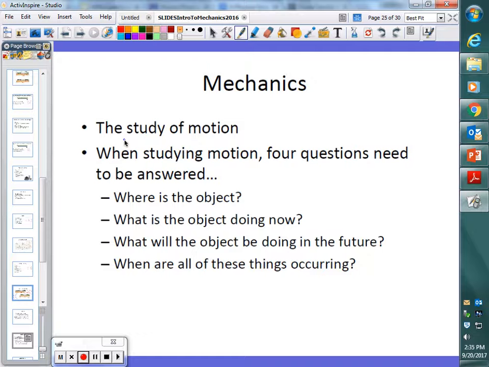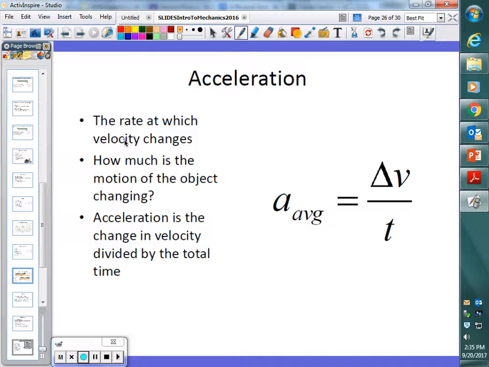But I'm going to tell you right now, what you think it means is not its full definition. It's one example of what it means, but not the whole story. It's much like the Matrix. So, what will the object be doing in the future?